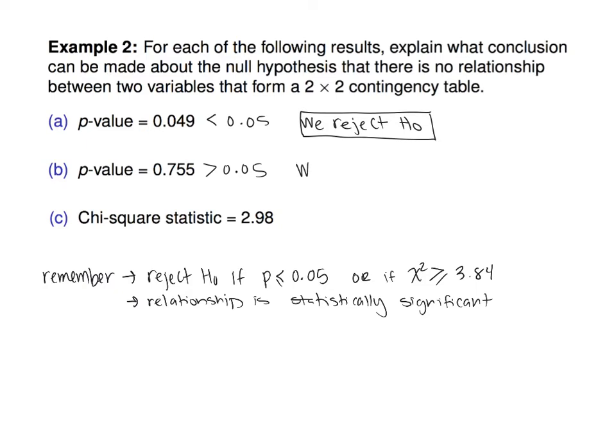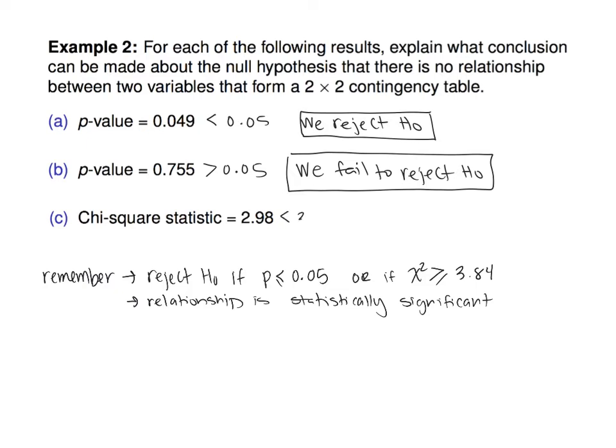And you never say you accept H0. We fail to reject H0. And if the chi-square statistic is 2.89, well, that's smaller than 3.84, as in it's not big enough. Also, we fail to reject H0.